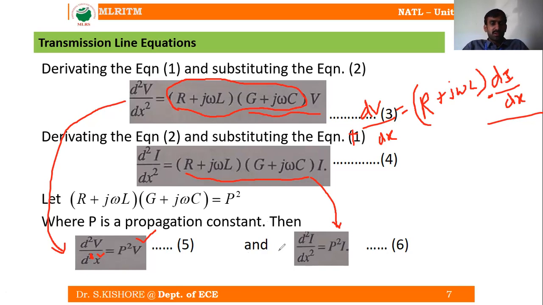If you closely observe, these are linear differential equations, second order linear differential equations with constant coefficients.